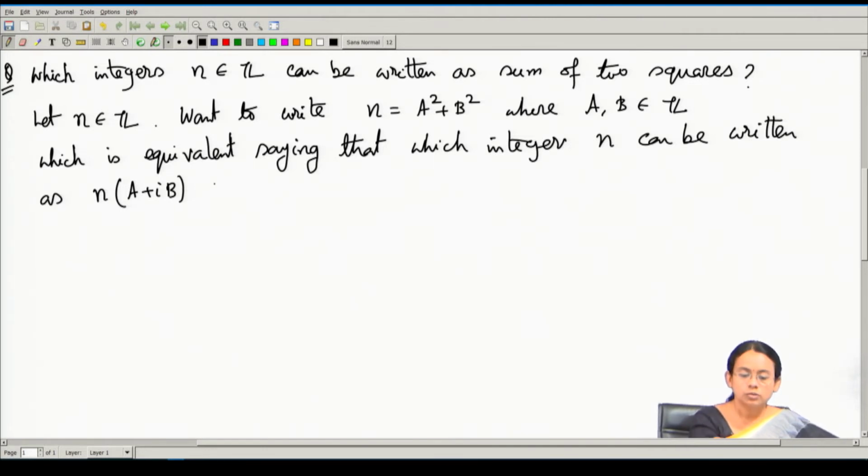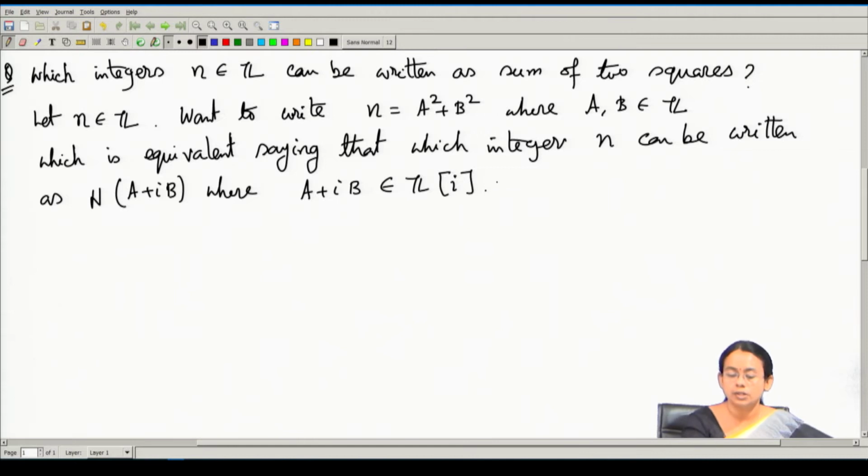I denote this norm by capital N, the norm of a plus ib, where a plus ib is an element in the ring of Gaussian integers.